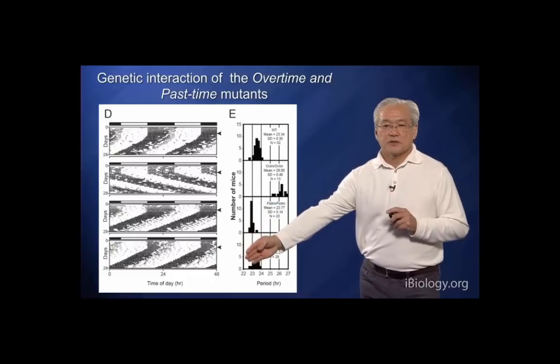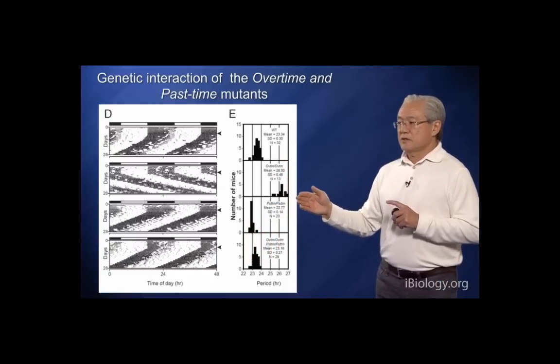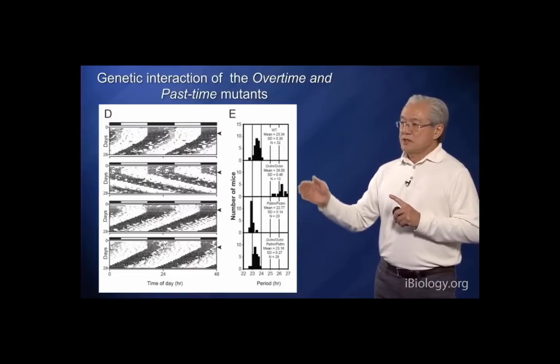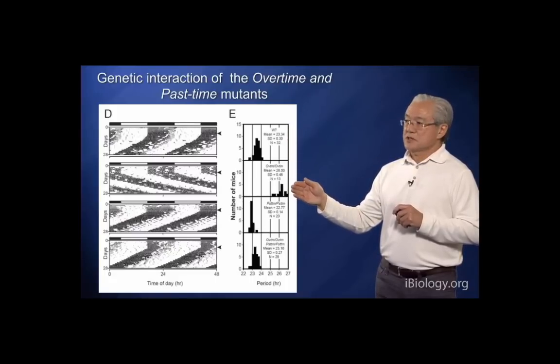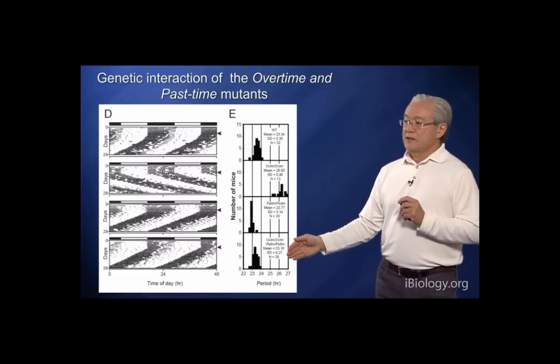The bottom shows the double mutant, and these histograms show the average period, or the period distribution, of these four genotypes of mice: wild type, overtime mutant, which are 26 hours long, pastime mutants, which are half an hour short, and then the double mutant, overtime and pastime.